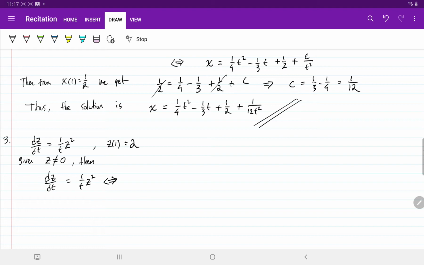So this is equivalent to z to the power of minus 2 dz equals t to the minus 1 dt, right? So this also assumes that t is not 0, because if t is 0 then this problem is undefined. With t is not 0.